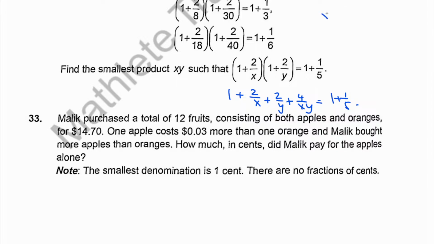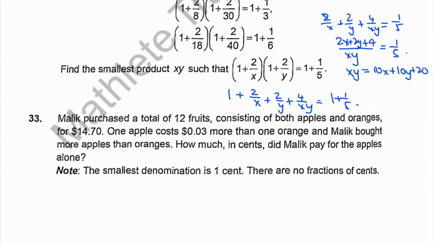So this means that 2 over x plus 2 over y plus 4 over xy is 1 over 5. Hence, 2x plus 2y plus 4 over xy is equal to 1 over 5. And therefore, xy is equal to 10x plus 10y plus 20.